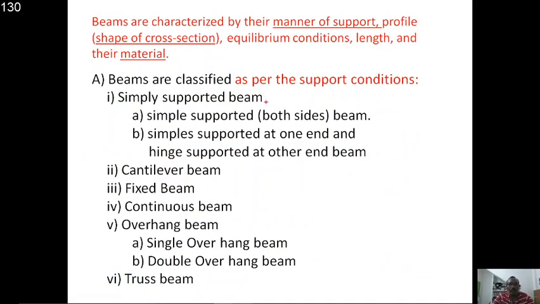A simply supported beam having different types of conditions with respect to hinge and roller supports. We understood the cantilever beam, then the fixed beam, then the continuous beam also. We also discussed the overhanging beam and its sub-classifications, including the overhang cantilever type and an additional beam, that is a truss beam. So this is the total understanding about beams.